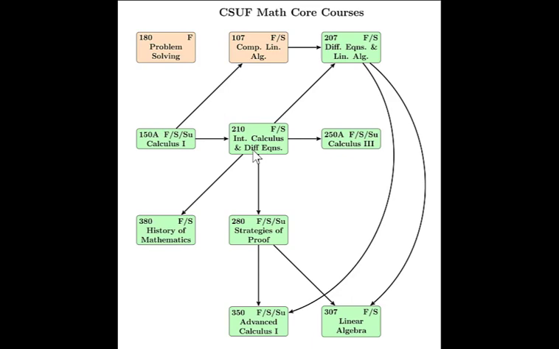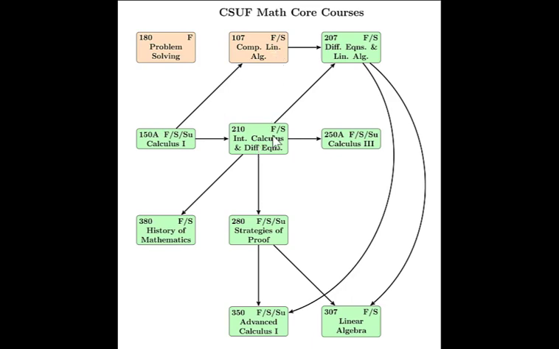Instead, you get a course that has been redesigned from the ground up, and which is only for math majors. By the way, this 180, this 107, and this 210 are all new courses, all designed just for you. So these courses will have math majors in them, and you're going to get to know people earlier than you would have if you were just taking the general population calculus courses.